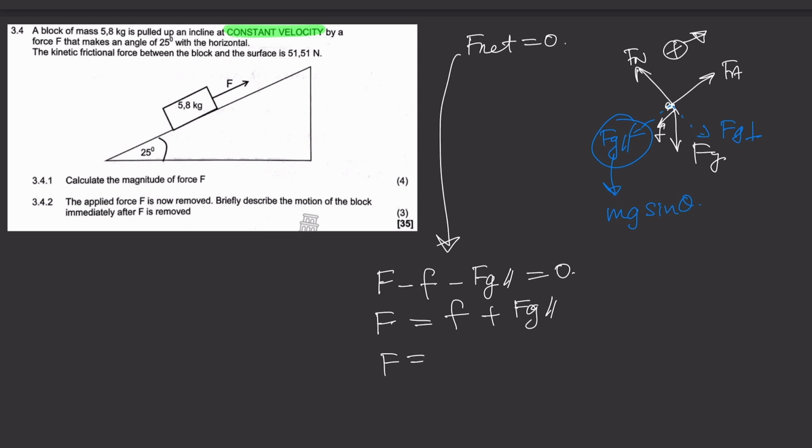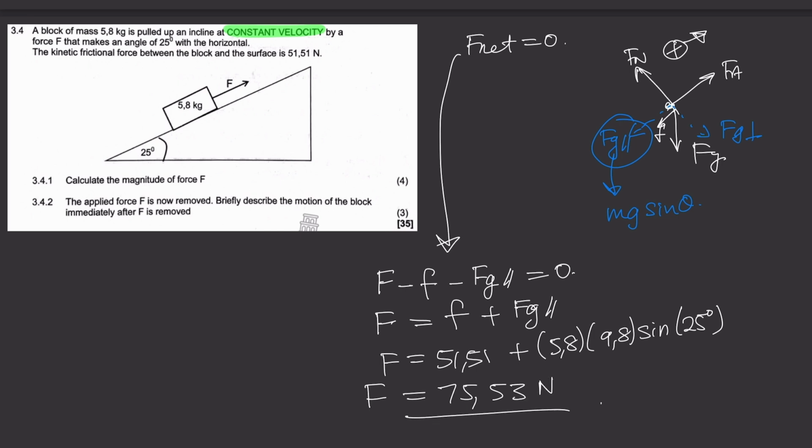The force is equal to friction, which was 51,51, plus mg, so 5,8 times 9,8 times sine of 25 degrees. That means the force is then equal to 75,53 newtons.